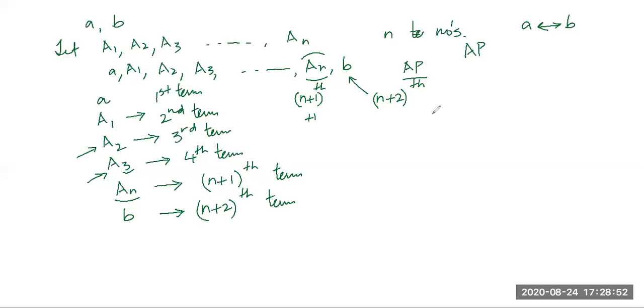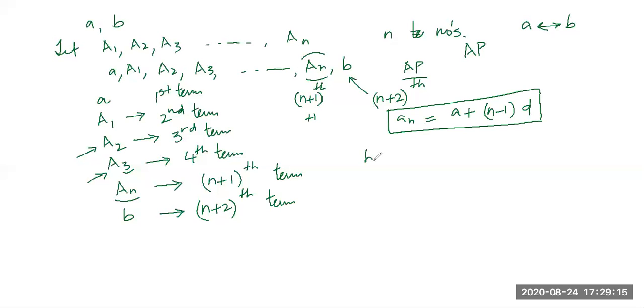Very good. Students, we know the formula for nth term in an AP. It is A plus n minus 1 into D. Is it right, students? Yes. An is A plus n minus 1 into D. So we can say that B is my n plus 2th term.